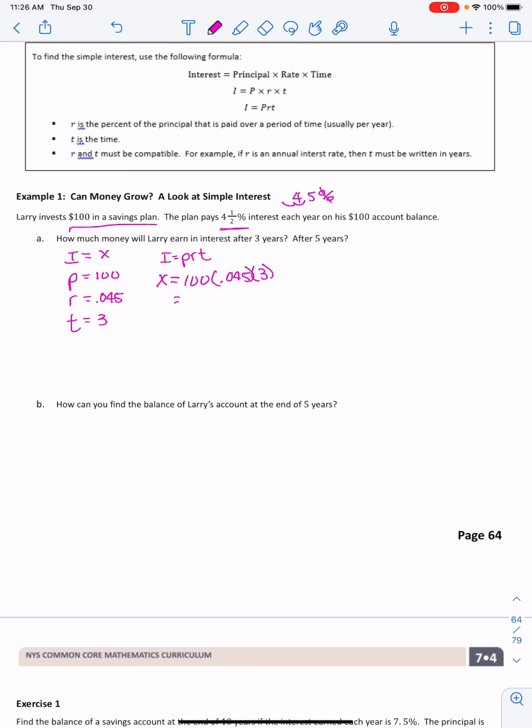So when I multiply all of that together, I get $13.50.